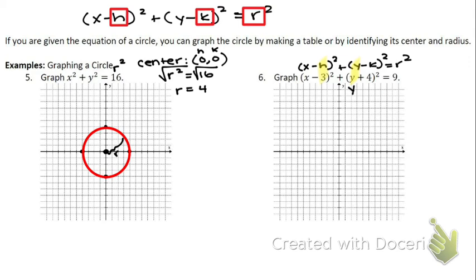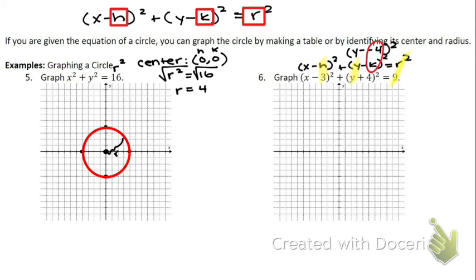This is really y minus negative 4 squared. So now I can accommodate for my negatives. And so that tells me that my k value is actually negative 4, not positive 4. And then, of course, my r squared is 9.